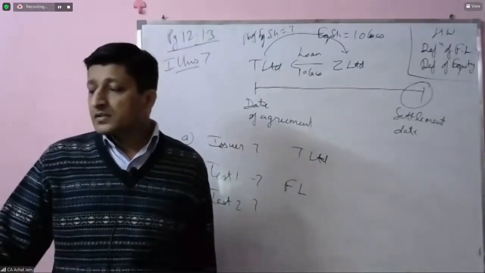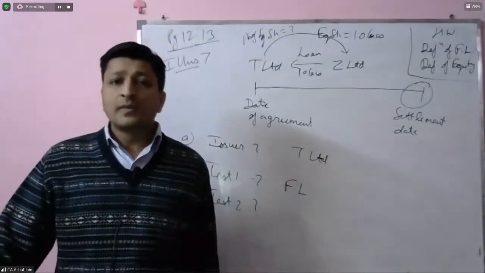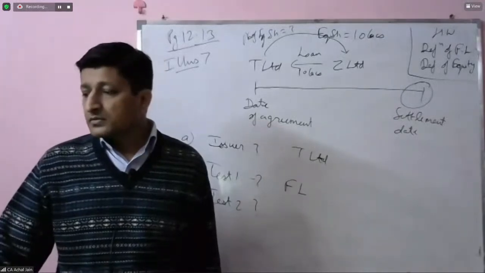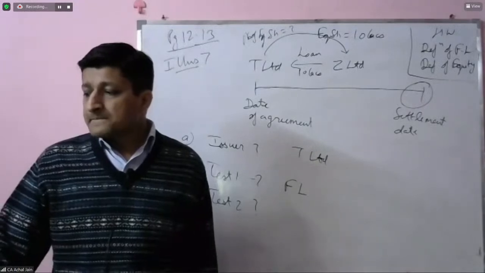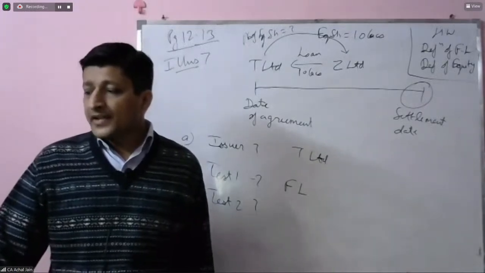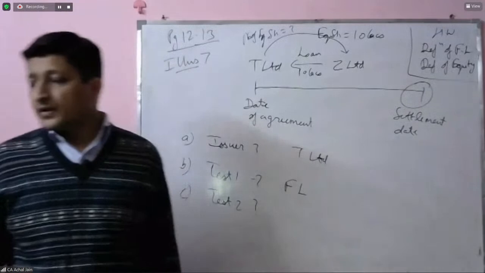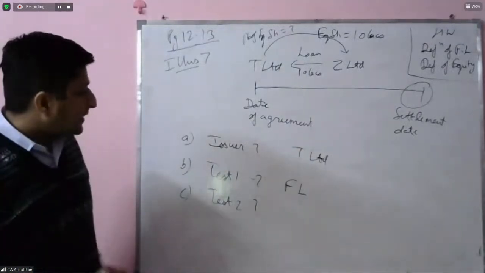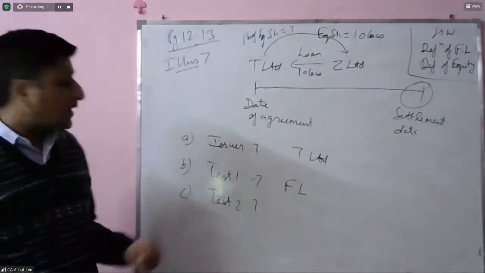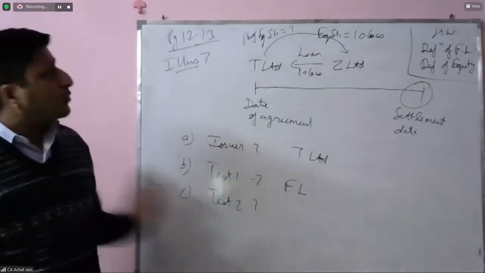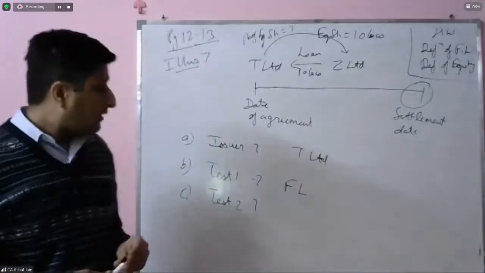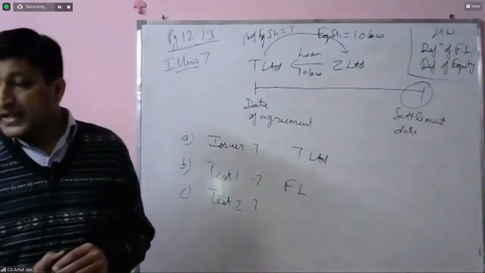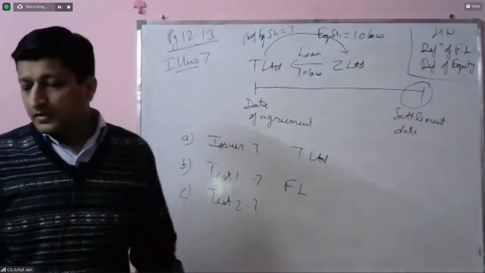Test 1 fails. No principal, no interest. So when you say test 1 fails, no principal, no interest, this last part I didn't understand, but I could understand your point that as per test 1 only, you are calling this a financial liability.